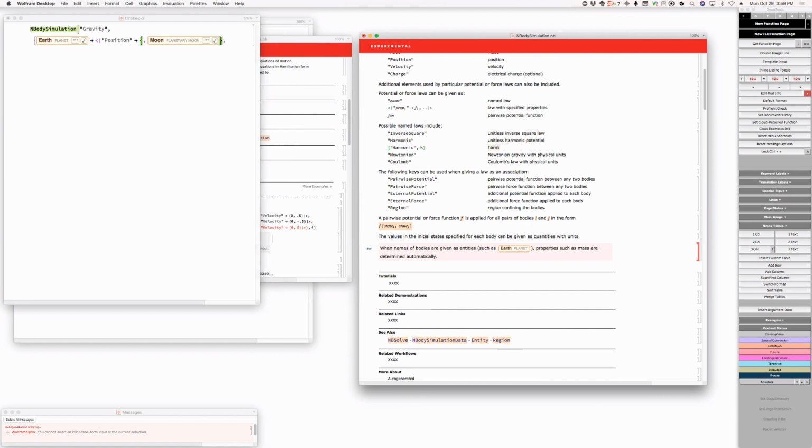Is that correct? Okay, no, it works a little differently. You give list of harmonic, and then you give options, since any of these were set up to take options. So list of harmonic, comma, then spring constant goes to whatever. And then that also has an option, equilibrium length.